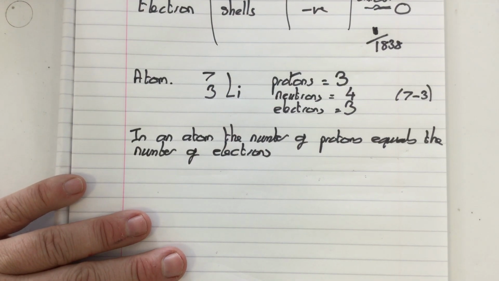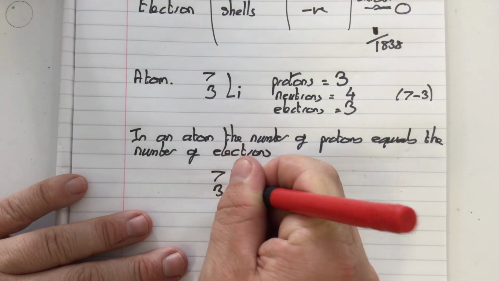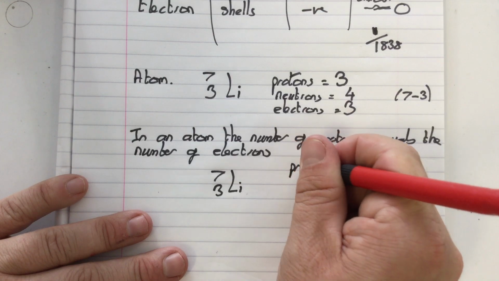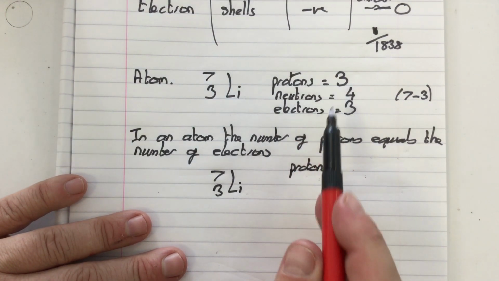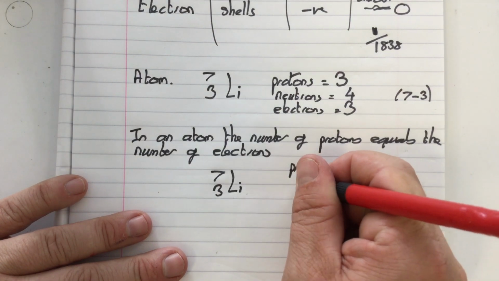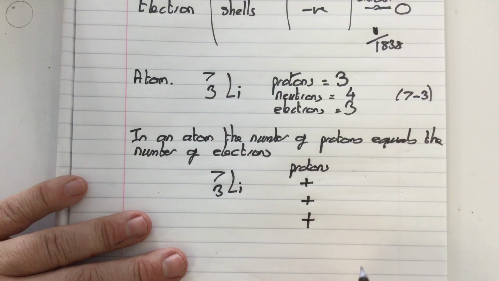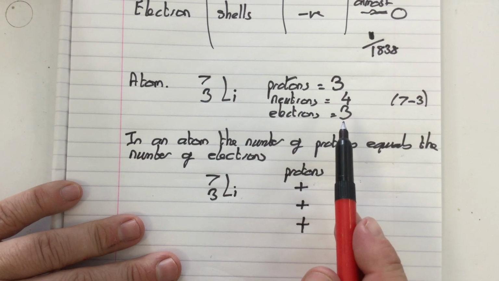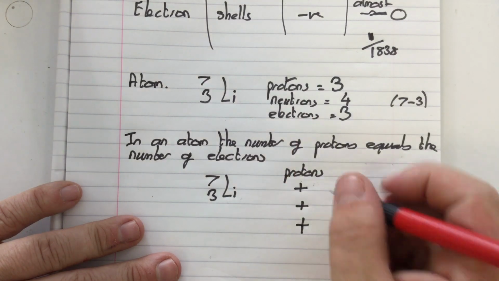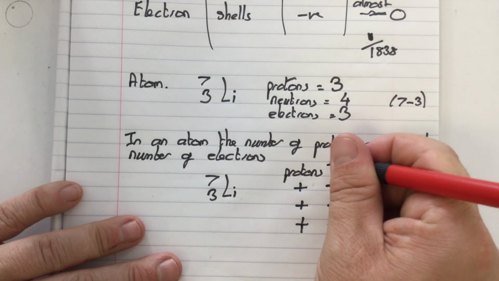Okay, and that can cause a little bit of confusion. So if I just show you again, 7,3Li, it's got protons, and we said that it's got 3 protons, and we know that protons are positive, so it's got 3 positive protons. We've worked out that it's got 3 electrons, and we know that electrons are negative, so it's got 3 negative electrons.